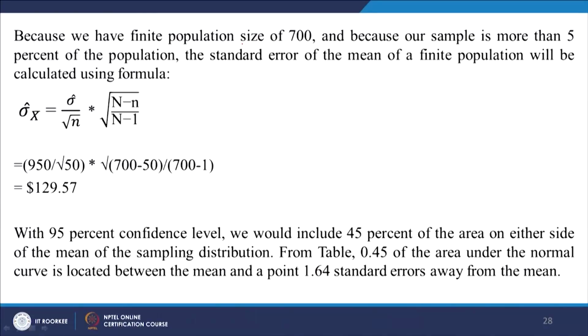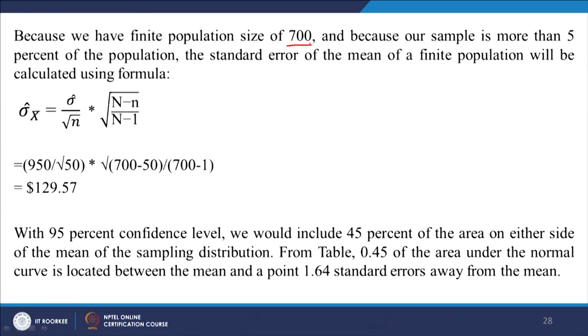Since we have a finite population, there was one more thing in this case. Generally, whenever we do any study, we may or may not talk about the size of the population. When we say we may not, that is a case of infinite population, where we do not know the population size. But in this case, the population is finite, and here it is only 700.